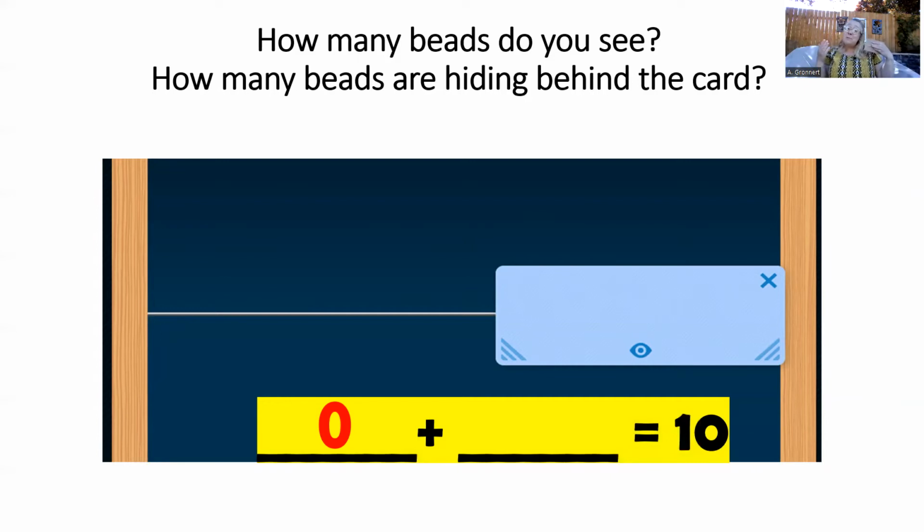So if there are 0 beads, how many more beads do we need to make 10? Yes, we need 10 more beads to make 10. Let's go ahead and read that make 10 fact together. Ready? 0 plus 10 equals 10. Now, write that down.